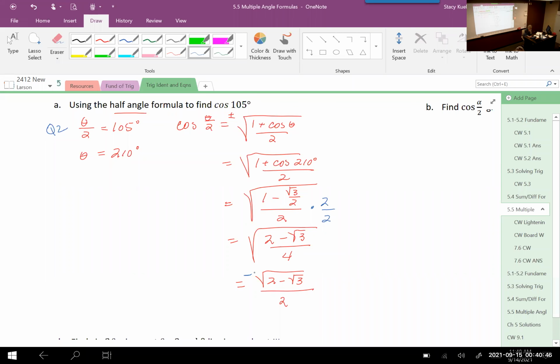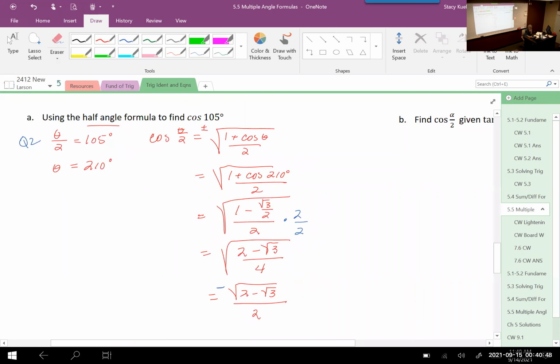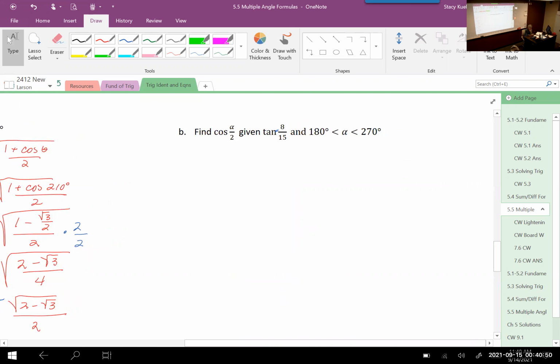Let's try another one. I again want to find the half angle of cosine, or cosine of alpha over 2, given that the tangent of alpha, I think that's supposed to say, is 8/15.